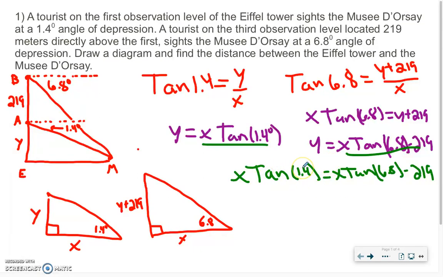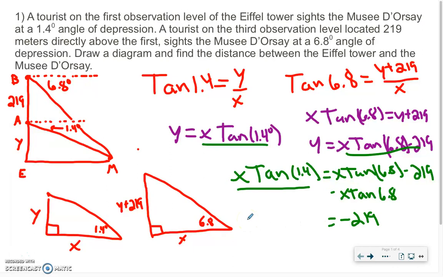So I find this value right here on my calculator, and then I'm going to subtract X tangent of 6.8 from both sides and get equals negative 219.